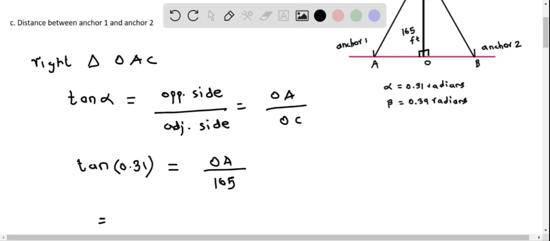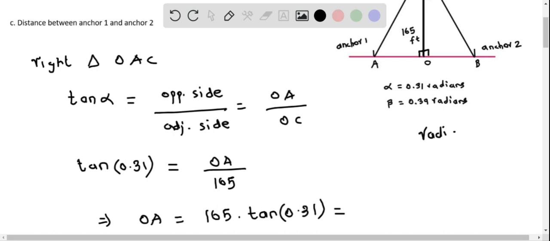So from this we can solve for OA. When we multiply both sides by 165, we get OA equals 165 times tangent of 0.31. We now plug this into the calculator. Make sure that the calculator is in radian mode so that you can evaluate the tangent of 0.31 in radians, and then you have to multiply that by 165.